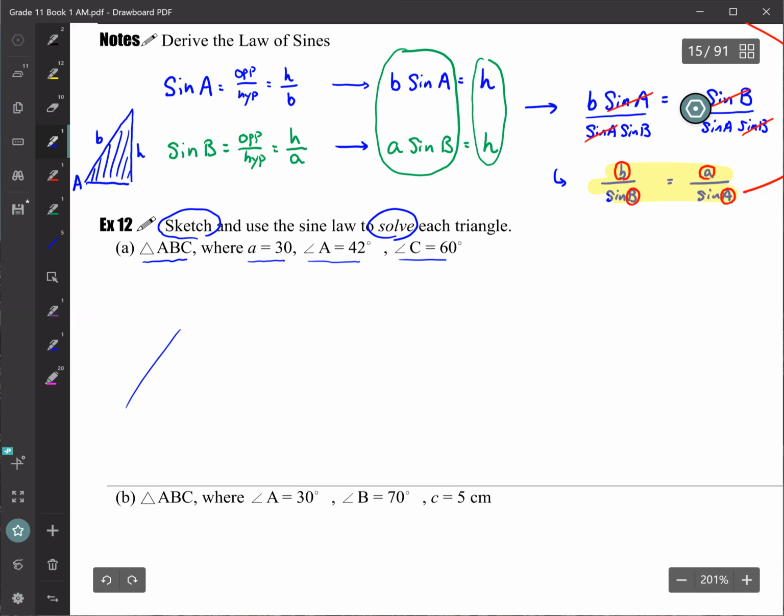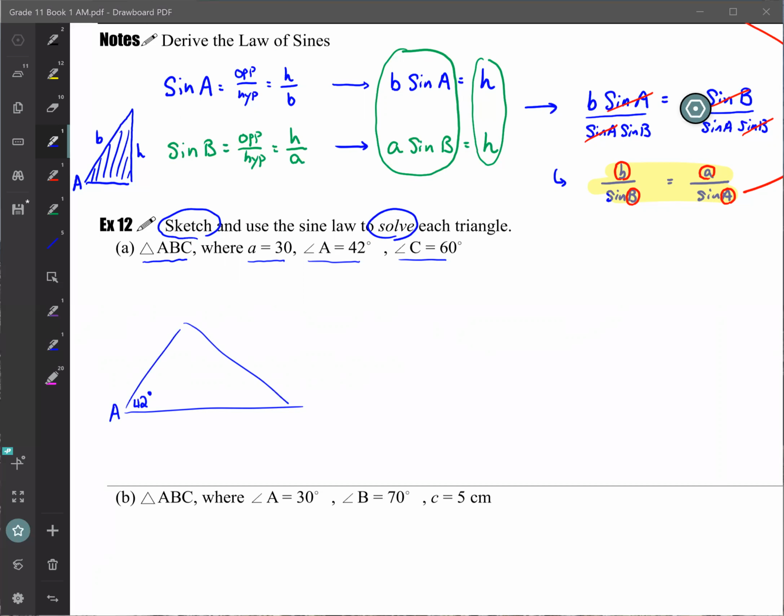So let's just draw a triangle now. Angle A, this one looks like angle A, right? We'll put angle A here, and we'll put 42 degrees. And then angle C, you can either put it at the top or bottom, doesn't matter, but the top one doesn't look like 60 degrees, so we'll put it at the bottom.